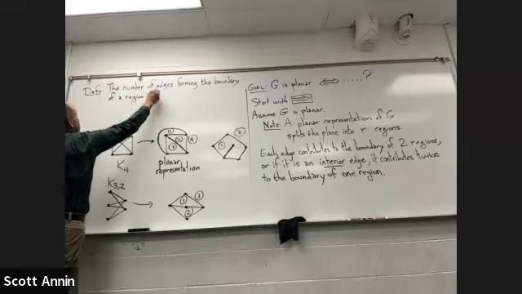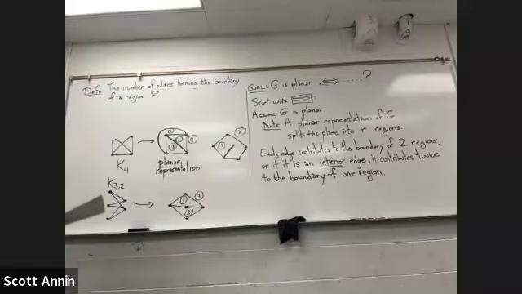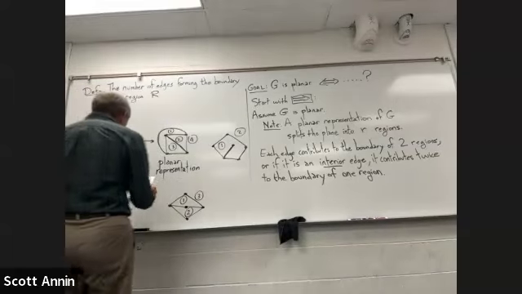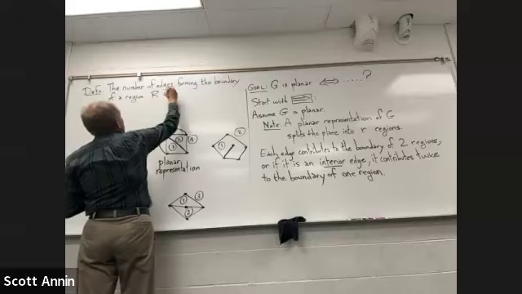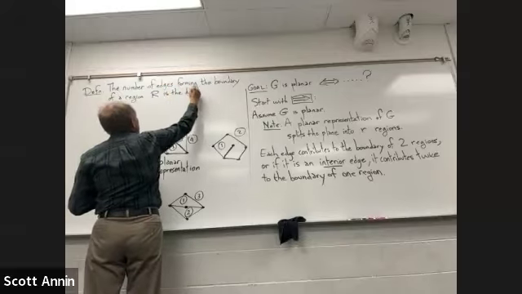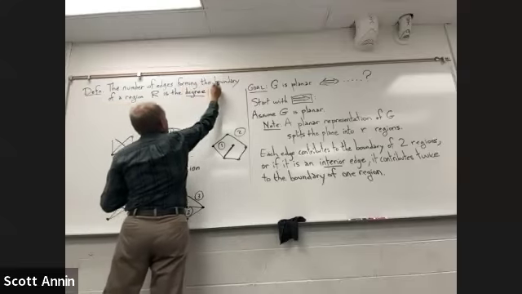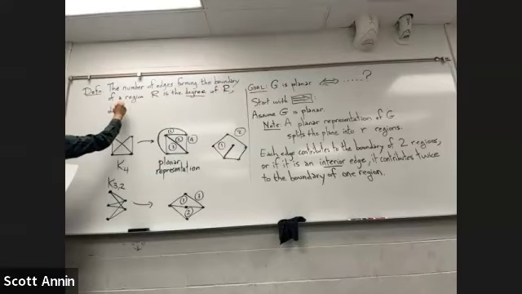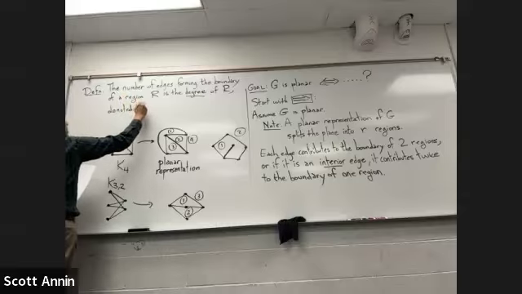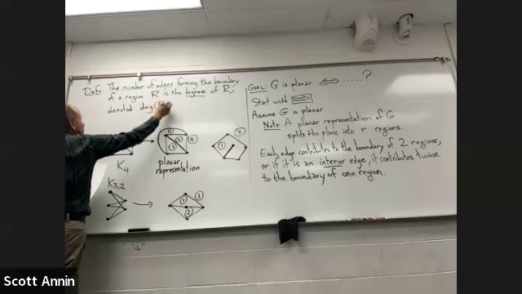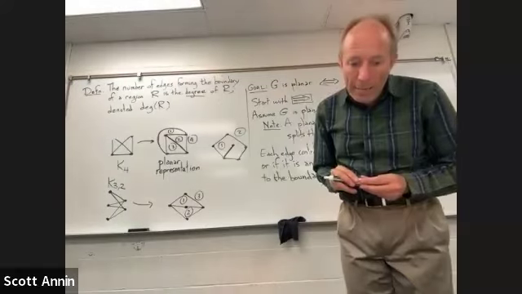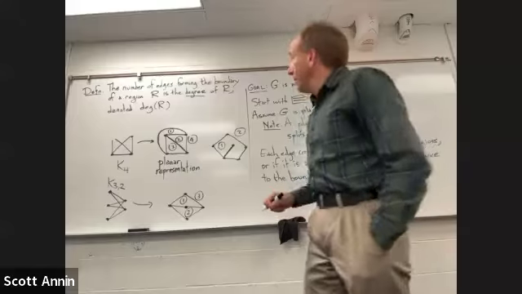Let me call the region capital R. The number of edges that are forming the boundary of any region is the degree of that region R, and we'll denote this as you might expect, DEG of R. So the degree of a region, right? So that hopefully makes sense.